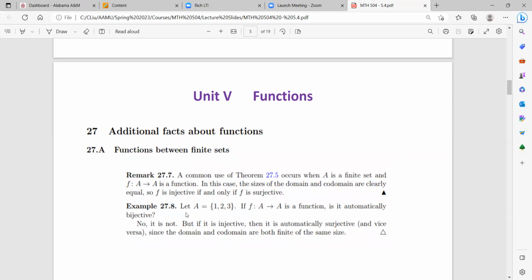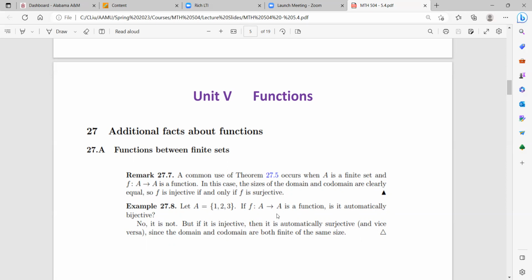Okay, so if you look at this example, 27.8, set A is the set of three numbers 1, 2, 3. The question is, if f is a function from A to A, is it automatically bijective? Of course not. You can have any kind of function from A to A. It doesn't have to be bijective, but if it is injective, then it is automatically surjective, and vice versa, because the domain and codomain are the same.